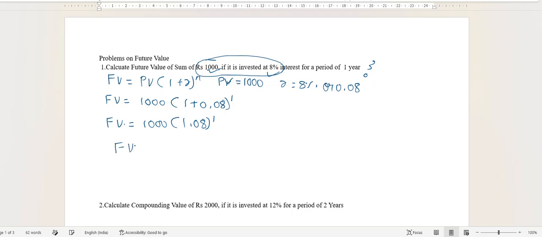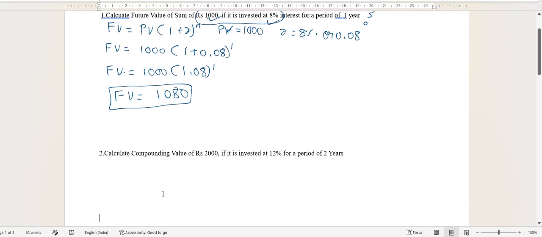Anything to the power of 1 will be itself, 1.08. So after 1 year, the future value will be 1080 rupees. Getting my point? If you are investing 1000 rupees today at the rate of 8%, after 1 year, your 1000 rupees will become 1080 rupees. This is the first problem.